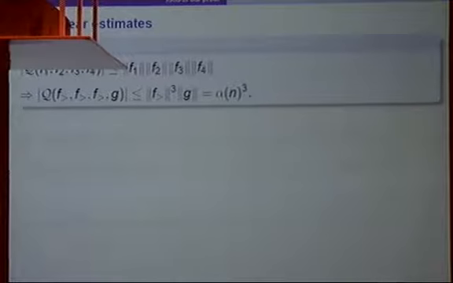And of course, the norm of g is 1 by the setting. And what is this? This norm of f big is exactly alpha of n.